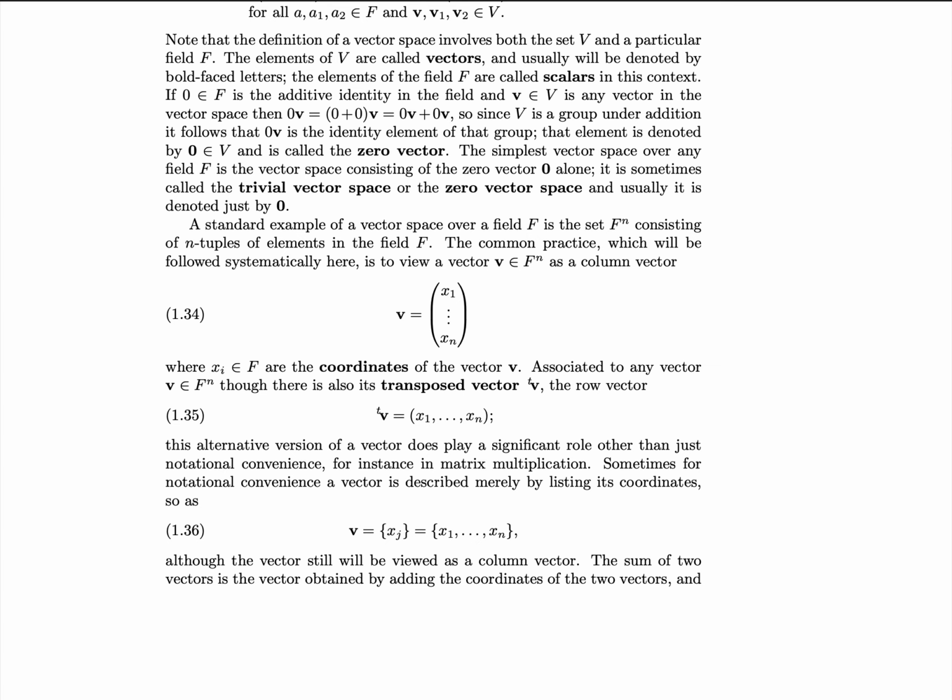We can associate to any vector its transpose, which is the row vector, x1 up to xn, written from left to right. This alternative version of a vector plays a significant role other than just for notational convenience, for instance in matrix multiplication. Sometimes for convenience, though, we will write a vector by listing out its coordinates, although you still view the vector as a column vector.